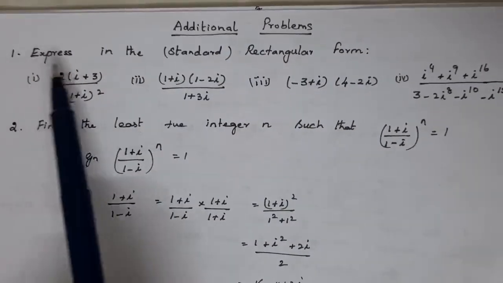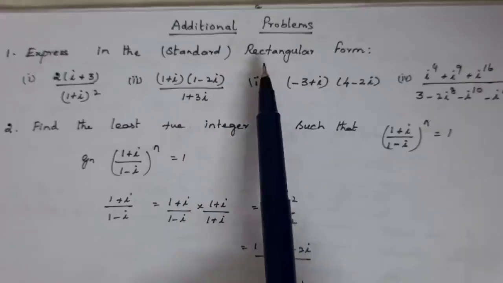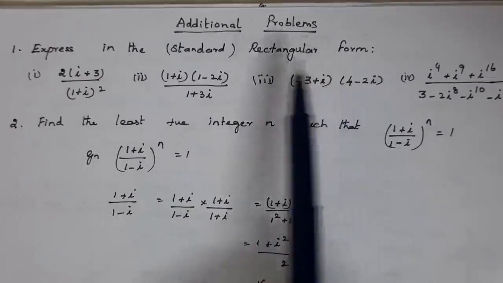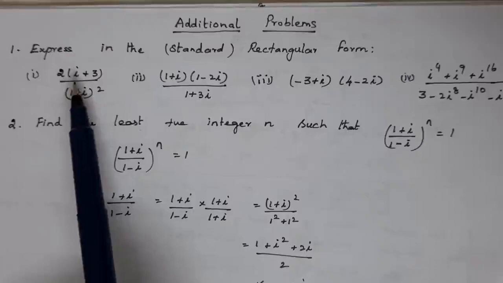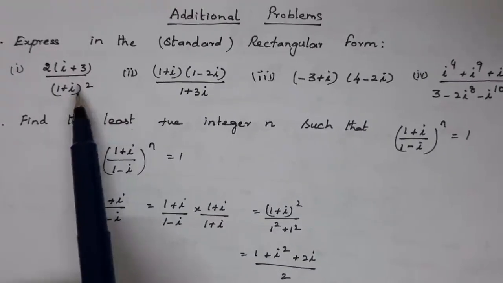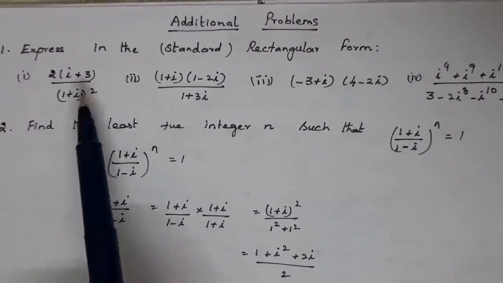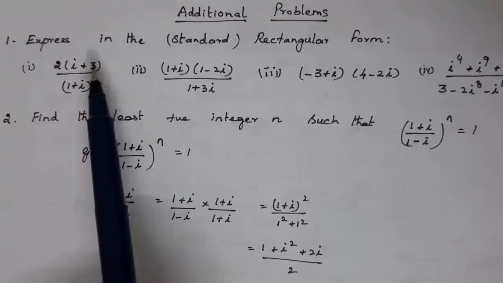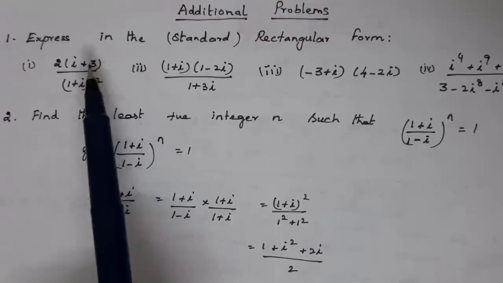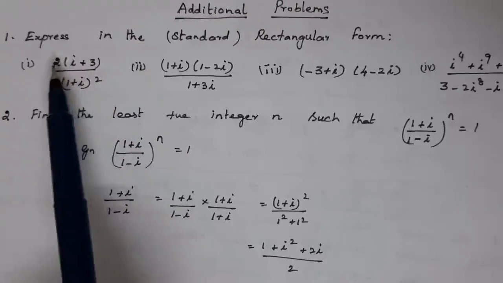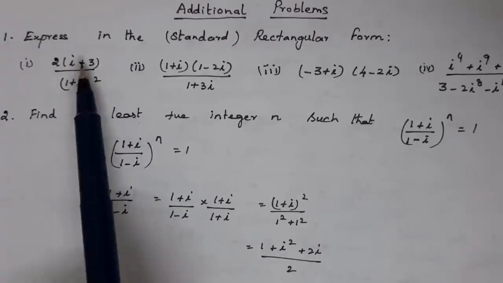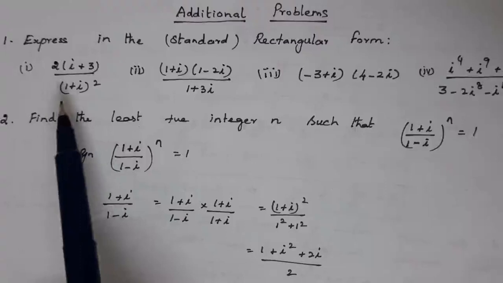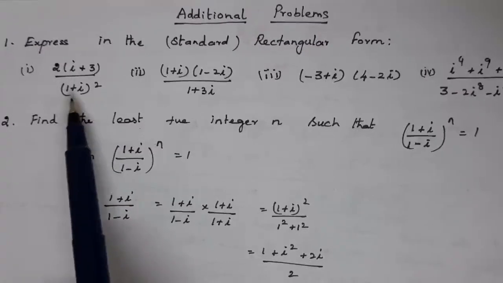The first one is: express in the standard or rectangular form. The first problem is (2i + 3)/(1 + i) the whole squared. Whatever the problem given, if it exists in fractional form, first convert the numerator to the standard form by grouping the terms, and then do the same for the denominator.